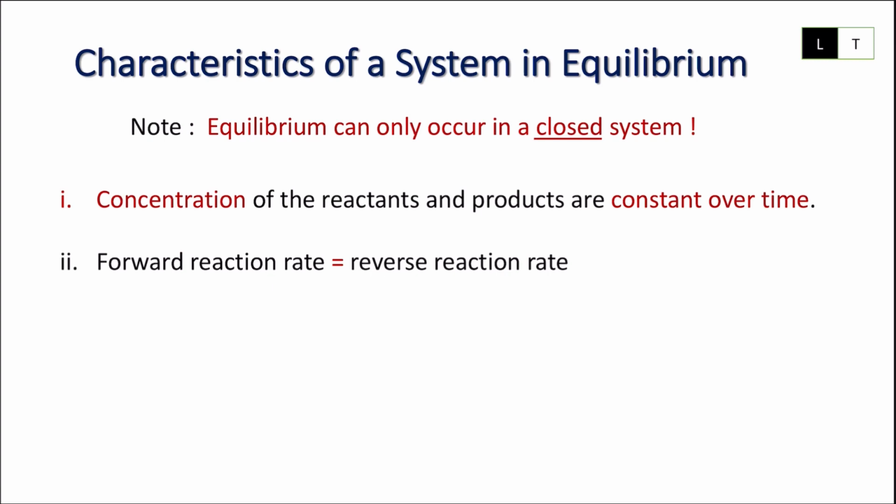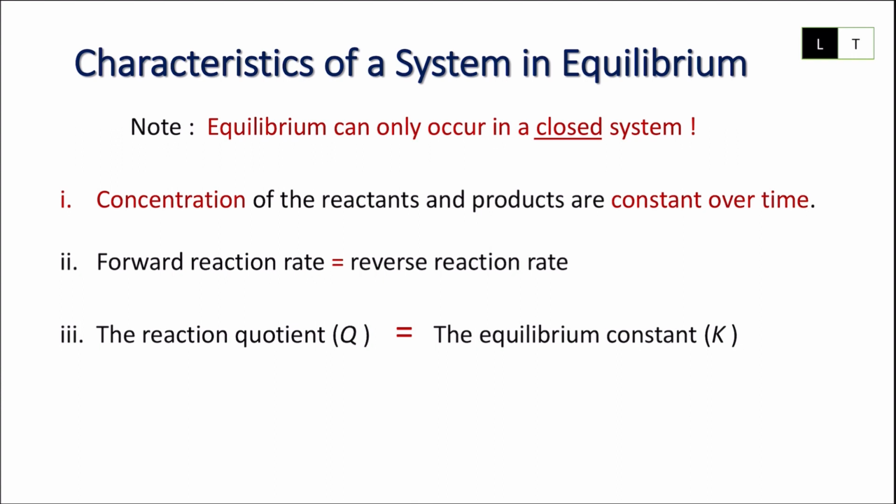And last one, ini adalah yang pertambahan daripada benda yang kita discuss, iaitu reaction quotient Q is equals to the equilibrium constant. The symbol is K. Dan ini adalah apa yang kita akan discuss more in second subtopic. So, hanya for now, you should understand how to explain the characteristic of a system in equilibrium.